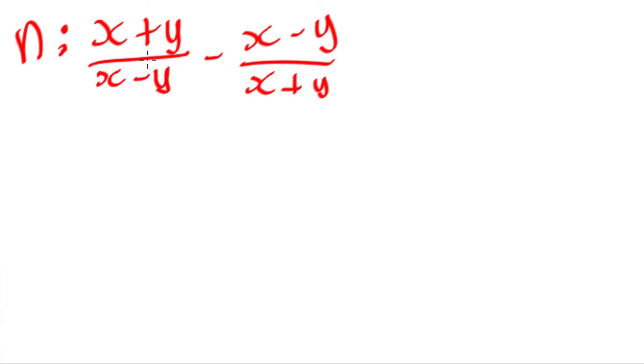As we can see, our denominators are dissimilar. They have the x and y, but the operation is not the same, so they are different, unique binomials. Imagine a number for x and y: for example, 1 minus 2 is different from 1 plus 2.